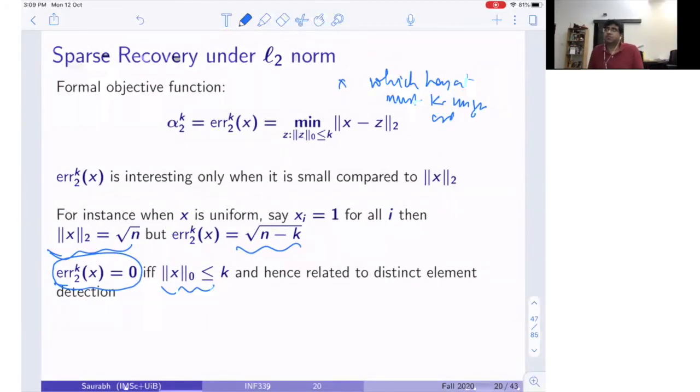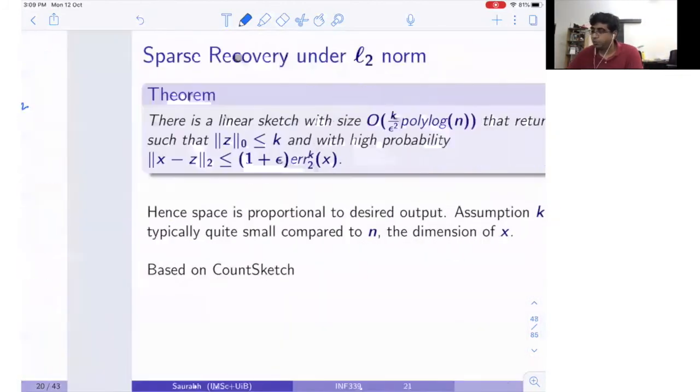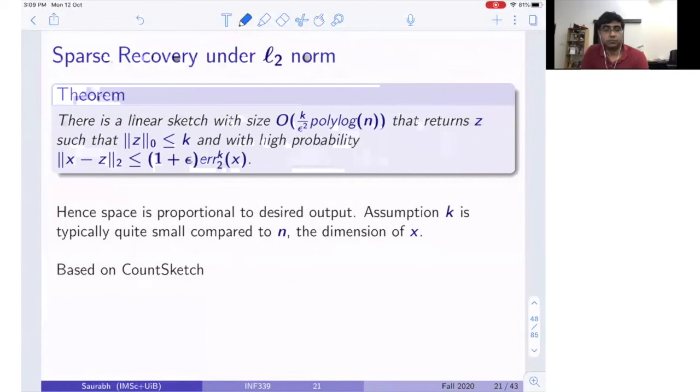I would like to use sparse recovery for various other purposes also. So the theorem which we will prove is the following. There is a linear sketch, and hence it also works in the deletion setting and everything, whose size is like k over epsilon squared times polylog, that returns z such that z has at most k coordinates, and with high probability, it is not too far away from x.